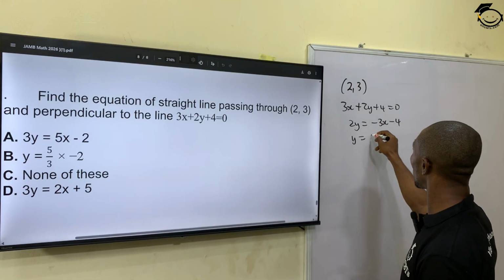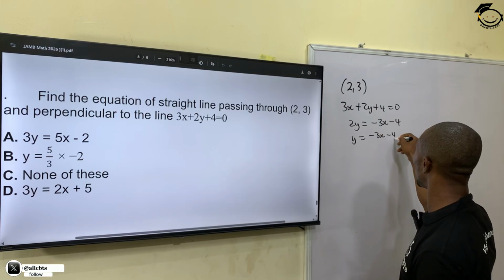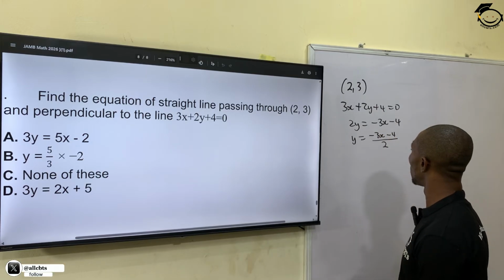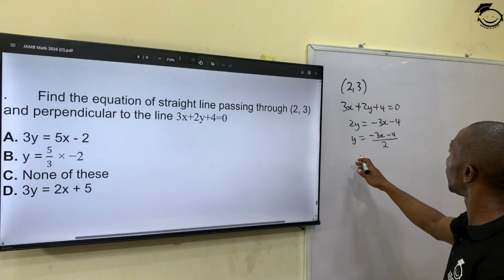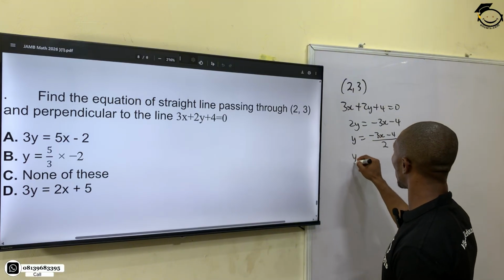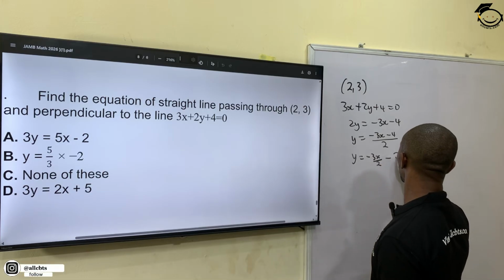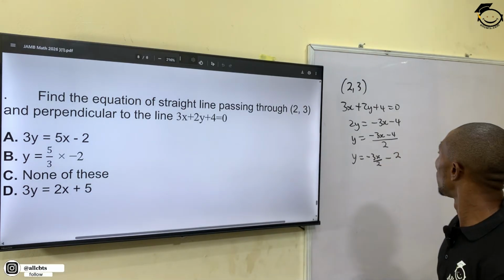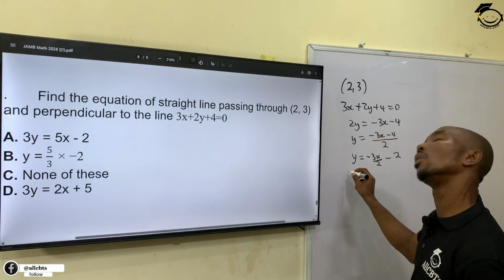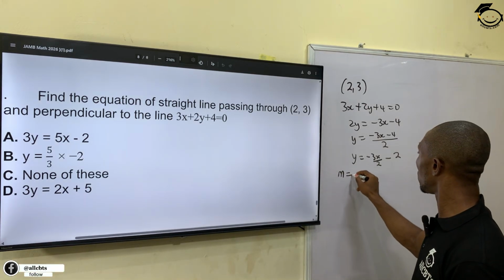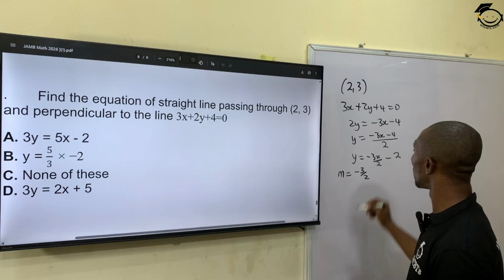Okay, y equals minus 3x minus 4 all over 2. Now, if we separate this, this will give us y equals minus 3x over 2 minus 2. From here we can see that our gradient m is minus 3 over 2.